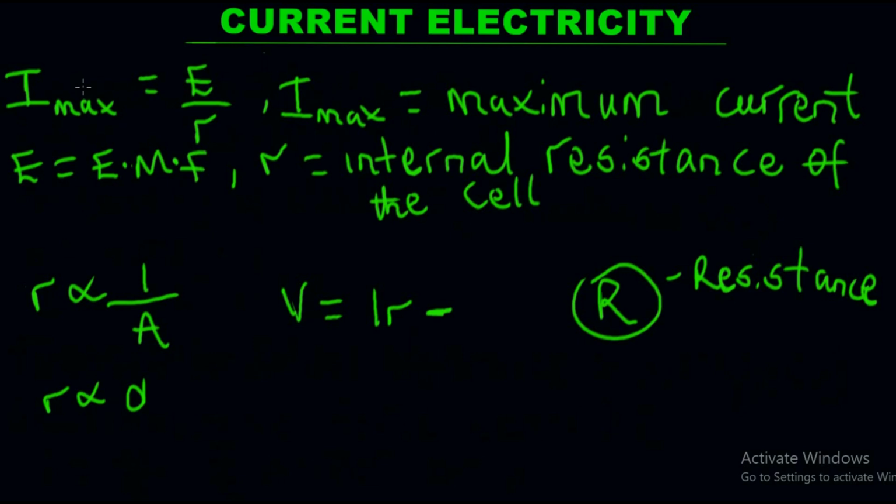Then we also have factors affecting the resistance of a conductor. We have the area, we have the length, we have the temperature, we have the nature of the material. Very, very important. Now, how does the area of the conductor actually affect the resistance of that conductor?